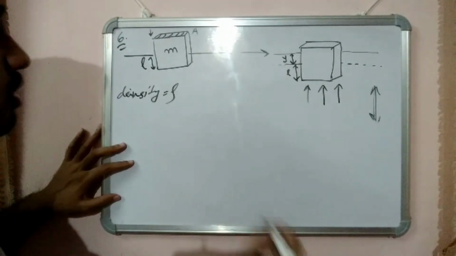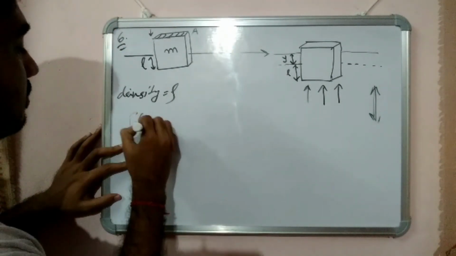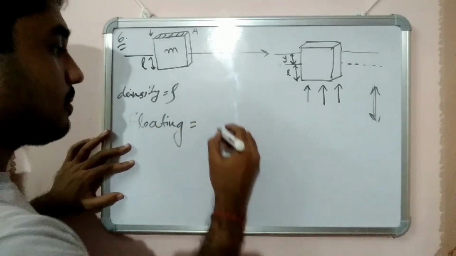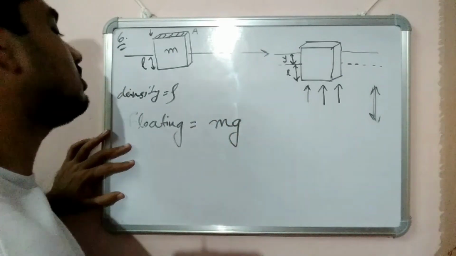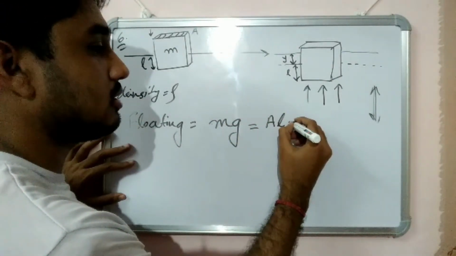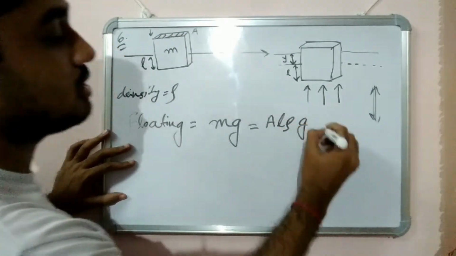Now when the block is floating, in floating condition, the weight of the block is A L rho g.